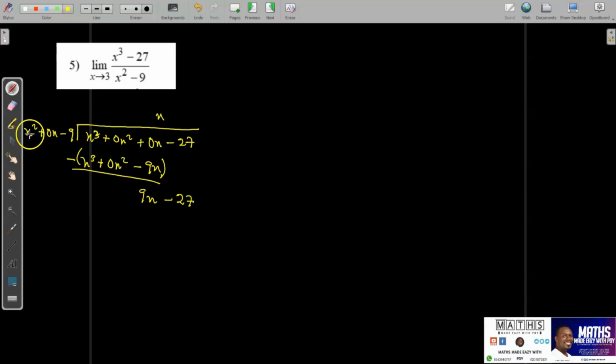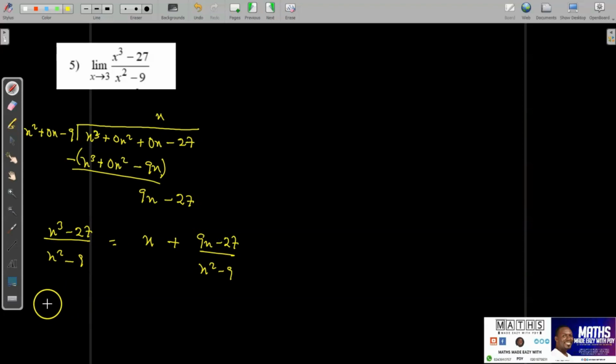At this point, s squared cannot go into 9x. So ideally, s cubed minus 27 divided by s squared minus 9 is the same as x plus the remainder, 9x minus 27, all over s squared minus 9. I believe you have an idea about how to write the partial fraction for a given rational function. So that's what I've done here.